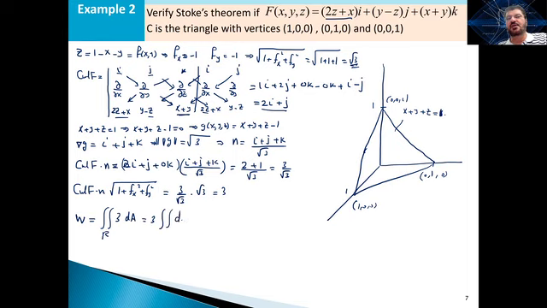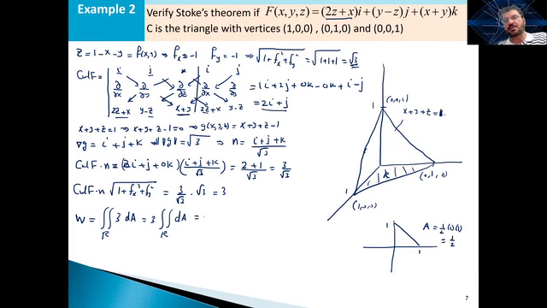I'm left with the area of the region. Where's my region? This is my region. It's the base of that thing. What is this, by the way? This is a triangle. What's the area of that? It's half times the base times the height, which is half.